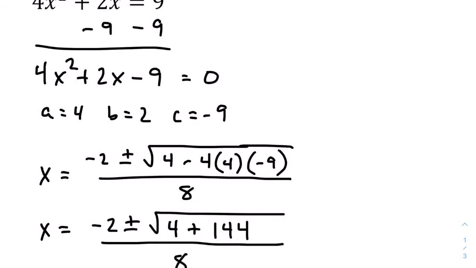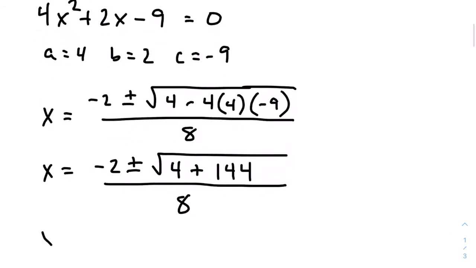Now, some of you might be tempted to say, hey, these are all even. Can I divide them all by 2? No. And the reason is because of that square root sign. We can't mess with those numbers under the square root yet. All right. Let's see here. We're going to simplify a little bit. So we have negative 2 plus or minus the square root of 148.